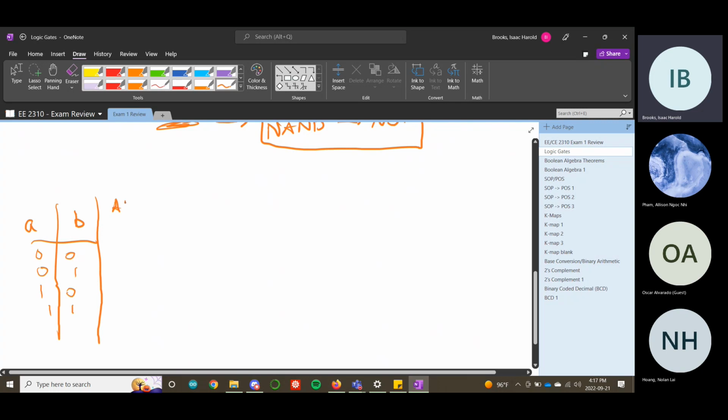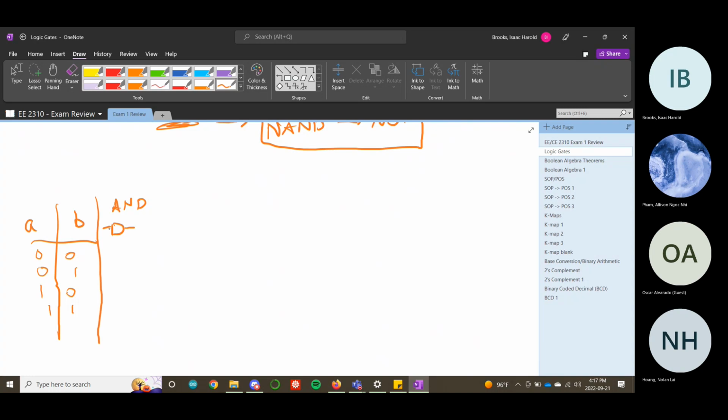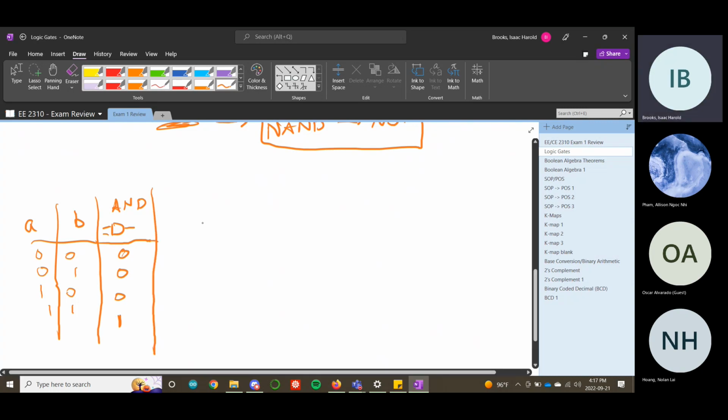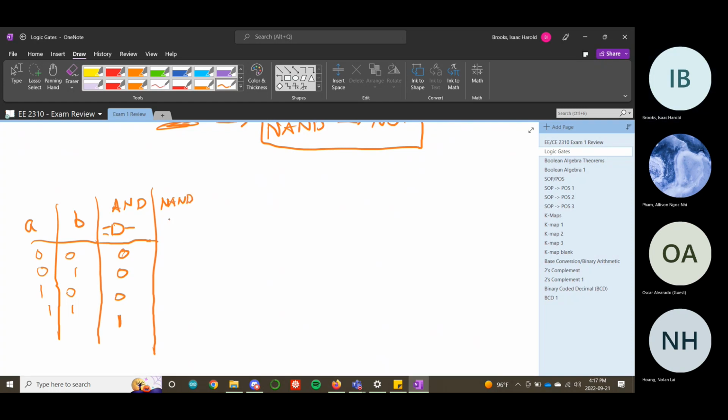Okay, and AND is easy. And remember, the gate looks like this. So this is going to be 0, 0, 0, 1. NAND is the opposite. The symbol looks like an AND gate with an inversion bubble on it, and it's going to be the opposite of that one: 1, 1, 1, 0.